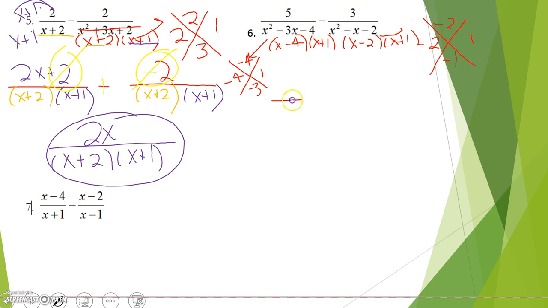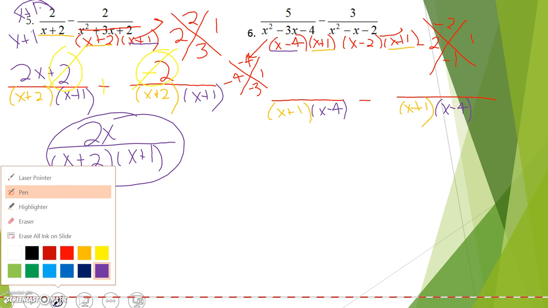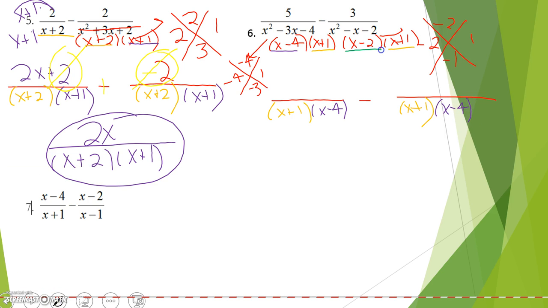So I do that because now, hopefully you see they have something in common. What they have in common is they both have an x plus 1. So that comes down. Okay, and then there are two oddballs this time. This one has an x minus 4, so that has to come down. And the other one has an x minus 2, so that also needs to come down.